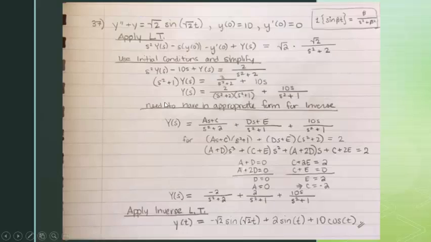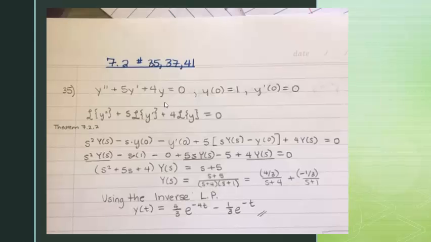Now, for these problems, you already had methods before that would have solved this. This was a simple homogeneous equation with constant coefficients. This would have been a piece of cake to use undetermined coefficients. It is an easy problem if you use undetermined coefficients, a little bit longer for Laplace transform.